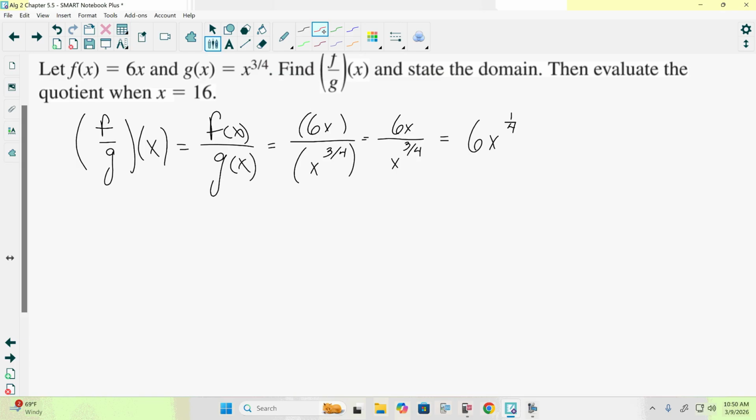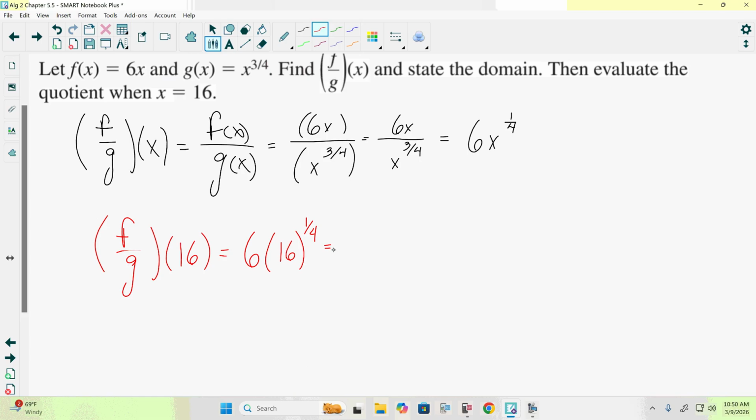Questions on how we found f divided by g of x as 6x to the 1/4. Now the other piece that it wanted us to find is to evaluate this when x is 16. So here we have 6 times 16 to the 1/4. 16 to the 1/4, we're really trying to figure out what times itself 4 times is 16.